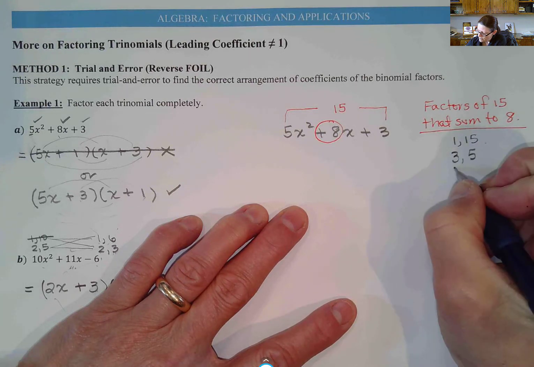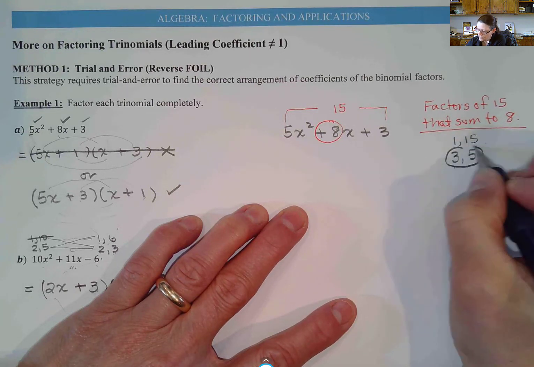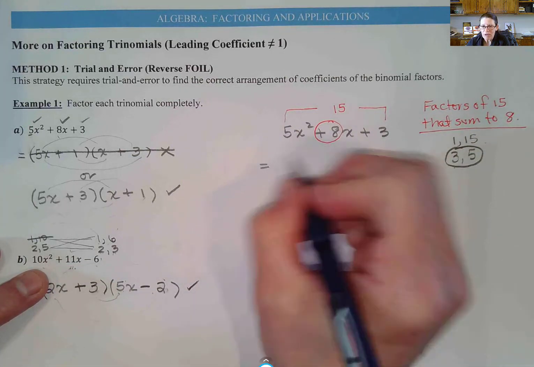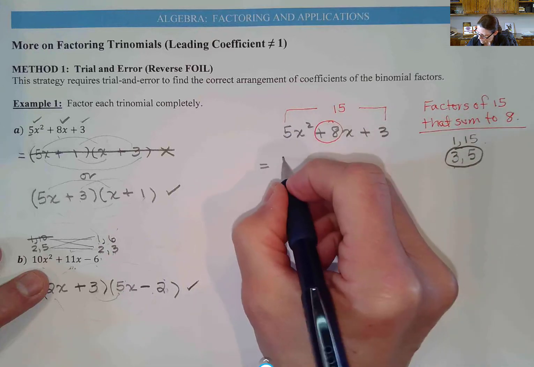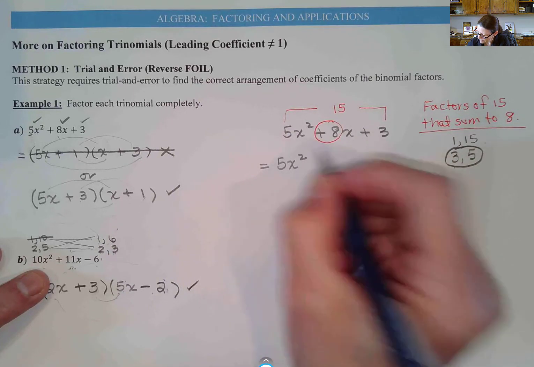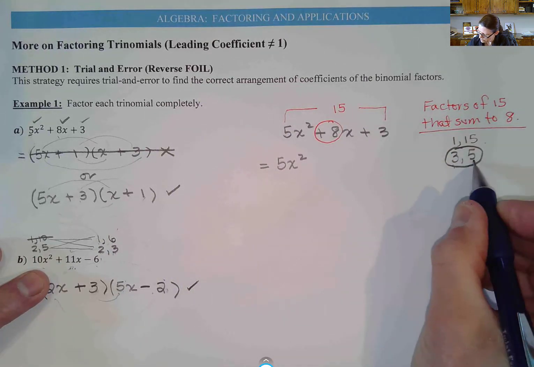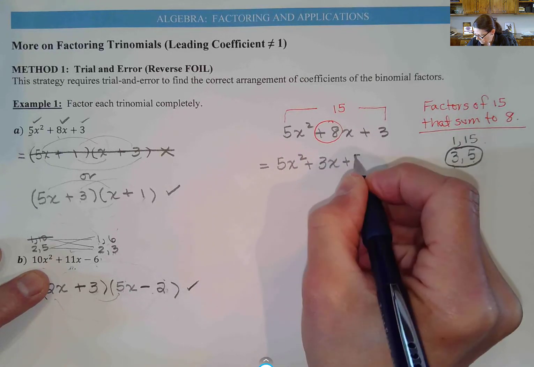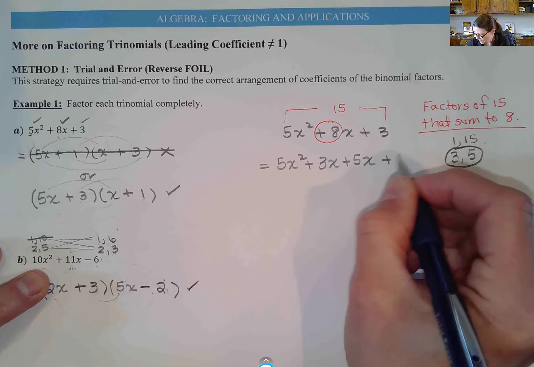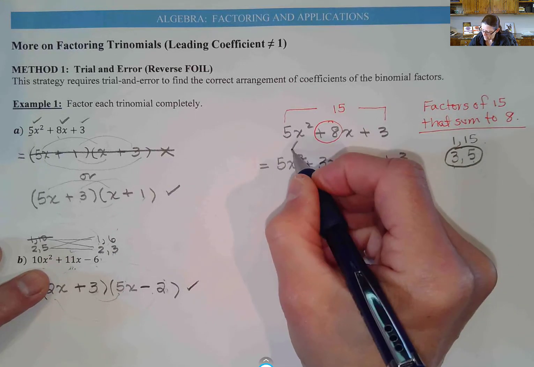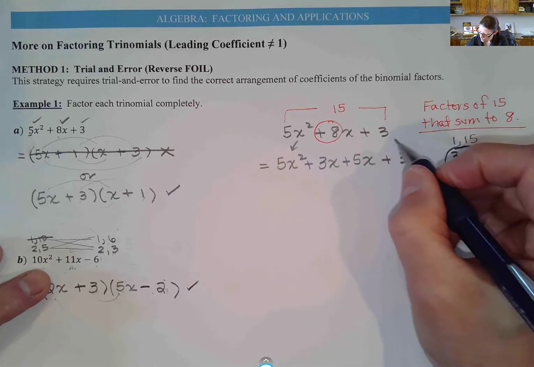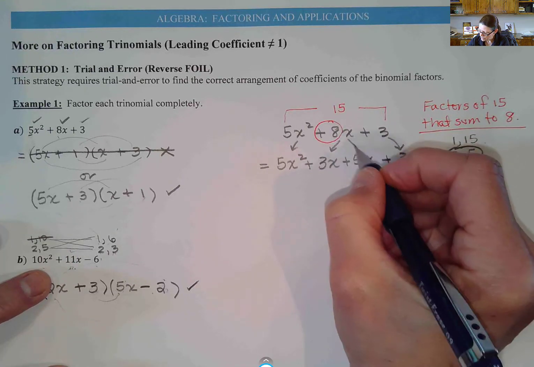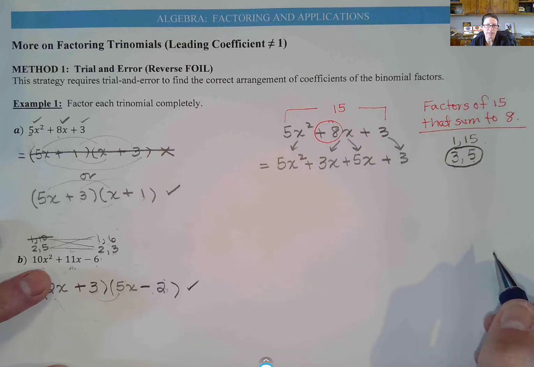Next, we're going to rewrite this trinomial as 5x squared plus 3x plus 5x plus 3. So we've kept our first term, we've kept our last term, and this middle term we just split into pieces. 3x plus 5x is 8x. Now the hard part is over. We factor by grouping.